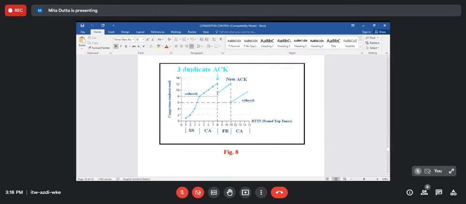CWND drops to 9. That means if it is 12, CWND/2 plus 3, because we are receiving 3 duplicate ACKs, the new CWND is set to CWND/2, which is 12/2 = 6, plus 3 equals 9, and then the window grows linearly until we receive the new acknowledgement of the delivery of a packet, and then the window size is halved, which is 6, and the window grows linearly.